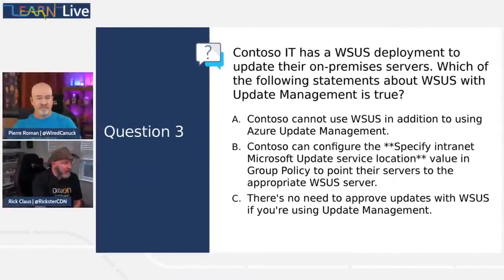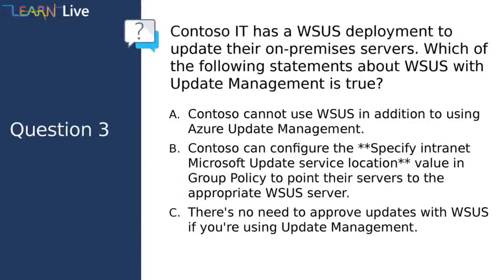Now the interest here is we obviously talked about WSUS at the very beginning. Yep. We mentioned that you have to configure stuff using group policy as one option, and it uses the update agents on the local boxes. That's right. And so using our process of elimination that we've done before, we know that A is not going to be the answer because it says you cannot use WSUS. That's obviously incorrect if we told you at the very beginning that you can use WSUS in some way, shape, or form.